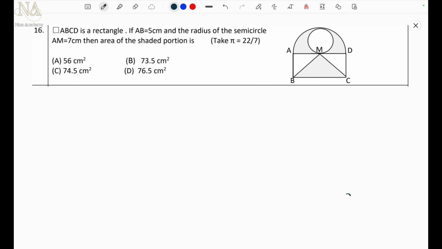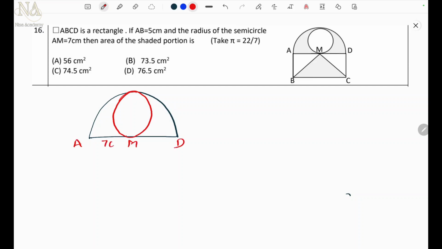16th problem. Quadrilateral ABCD is a rectangle. If AB equal to 5 centimeter and radius of the semicircle AM equal to 7 centimeter, then the area of the shaded portion is? Okay. Now let's talk about the semicircle. So in the semicircle, here is the circle, right?